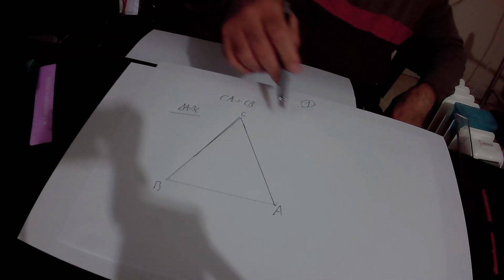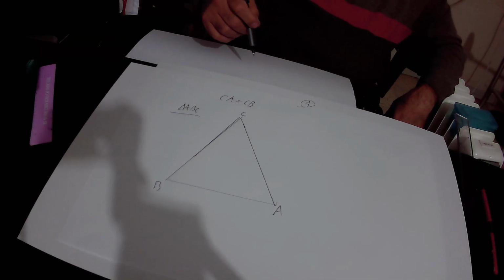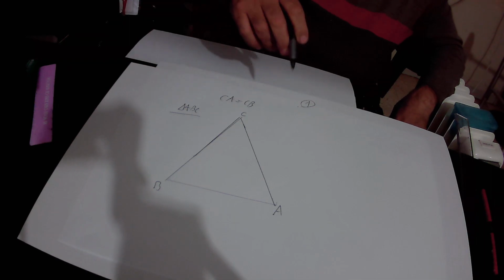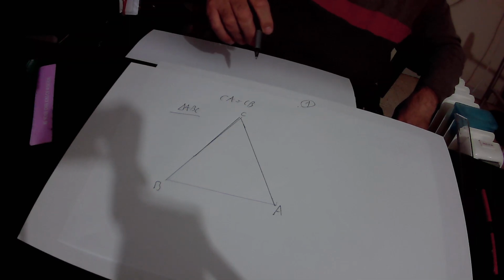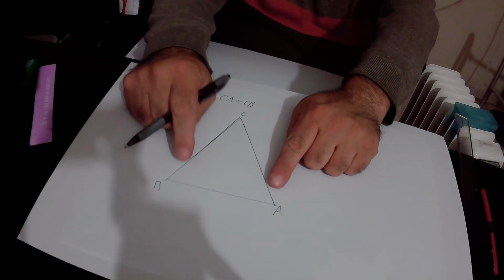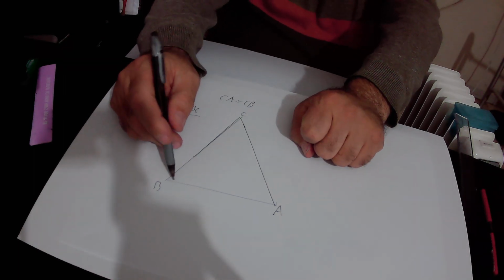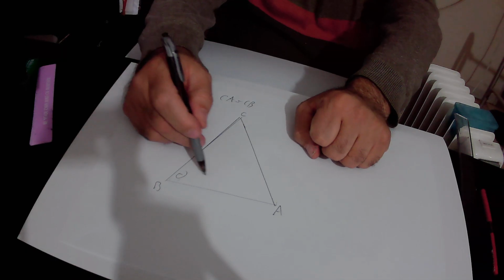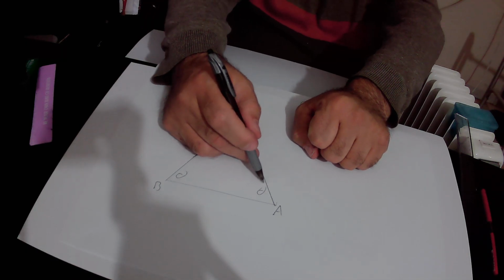We know that CA equals CB. And according to the rule that in front of equal sides in the triangle there are equal angles, it means that those two angles are equal to each other. So if one angle is theta, then the other angle must also be equal to theta.